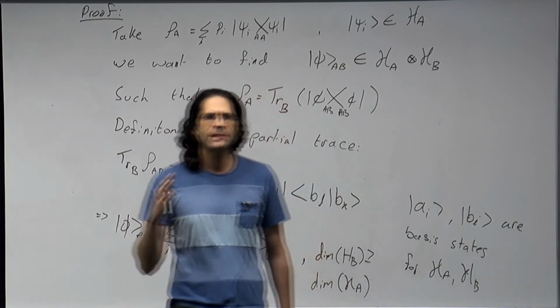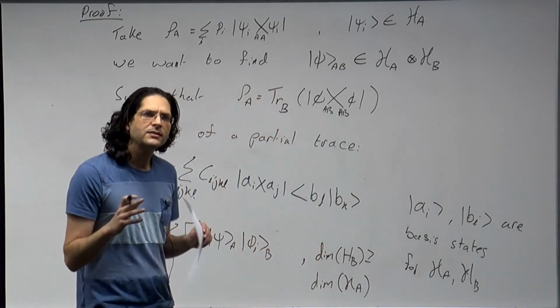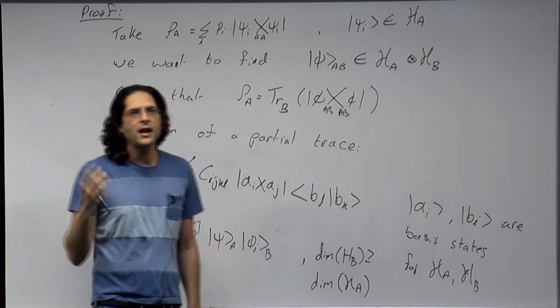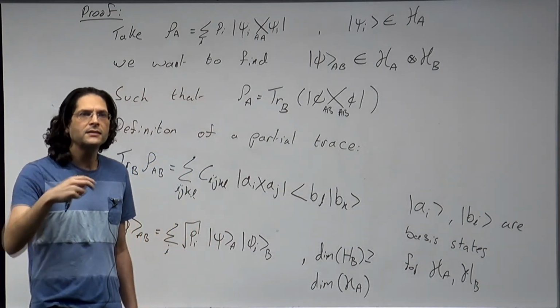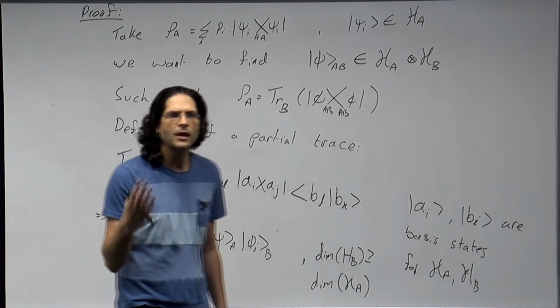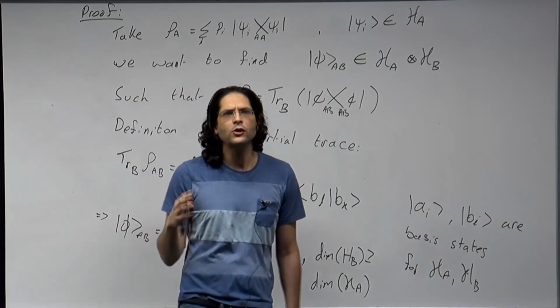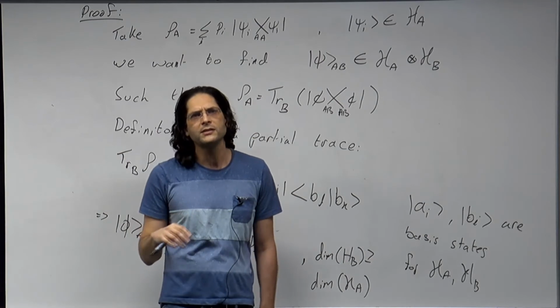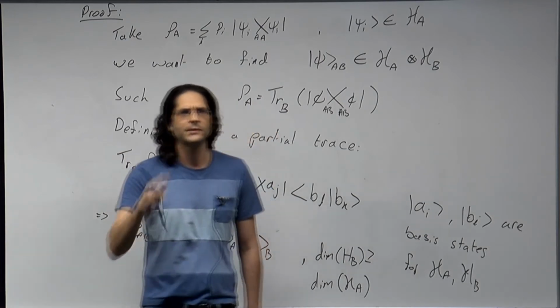If all you have access to is the density matrix, you cannot tell what ensemble it is composed of. Are all my qubits 0, 0, 0, 0 and 1, 1, 1, 1, or are they minus, minus, minus and plus, plus, plus, plus?